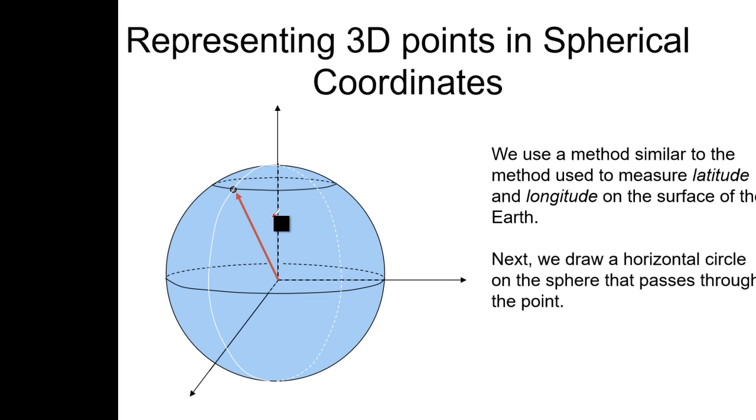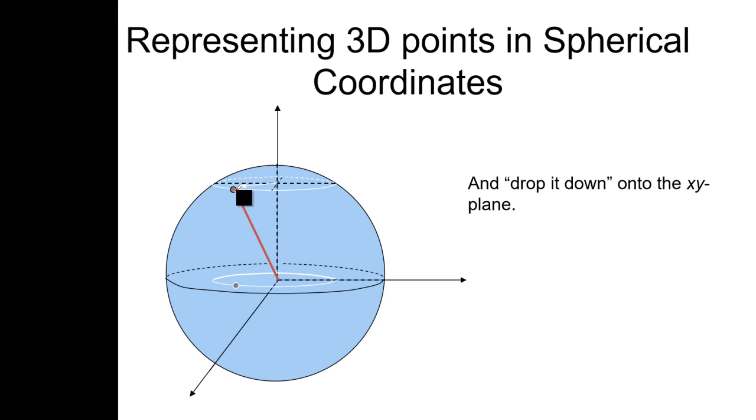Now what we do is, we draw a horizontal circle, because at a particular height there are different orientations possible on this horizontal circle. All the points on the horizontal circle will have the same height or depth. So we have to specify using a third coordinate, that is called longitude.